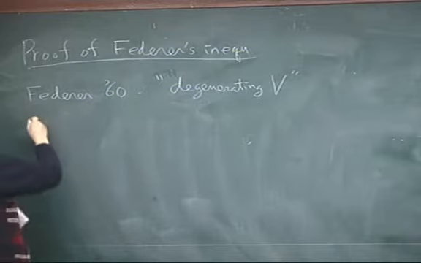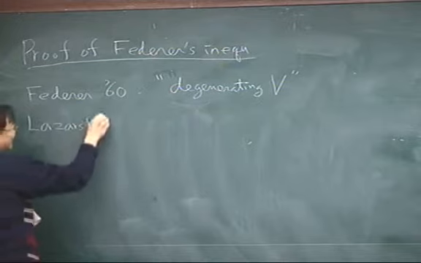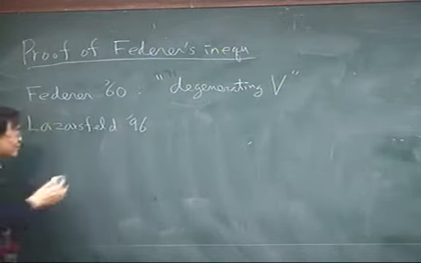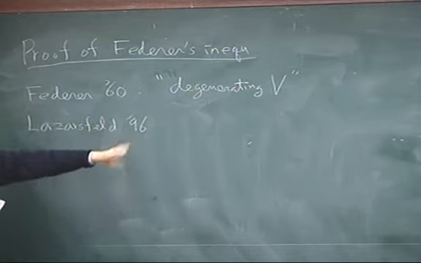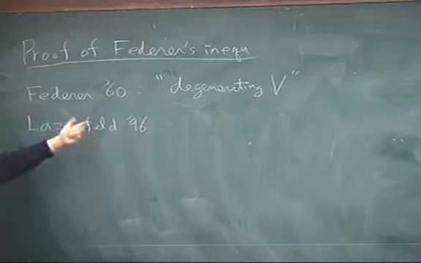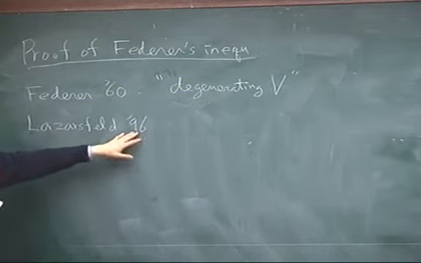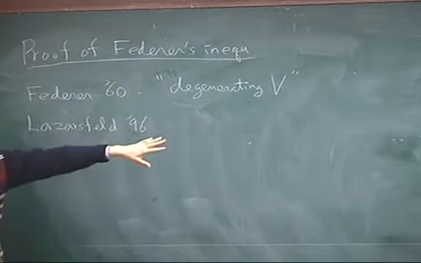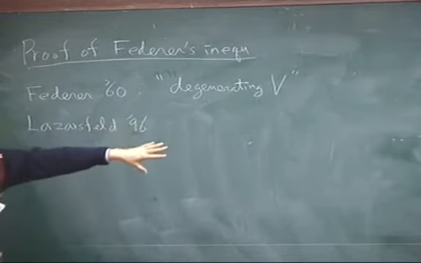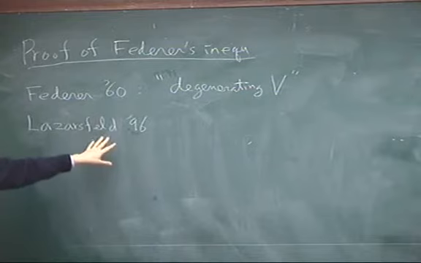And then Lazarsfeld, I think in the 90s. His greatest contribution here is that he proved his original theorem, or something simpler than that, his theorem from '96, without knowing Federer's inequality. Because that way he proved Federer's inequality by a different method.